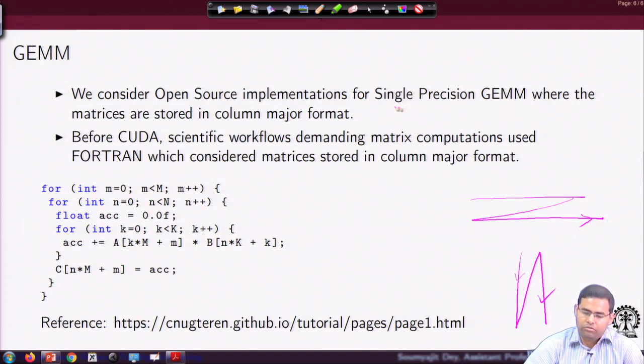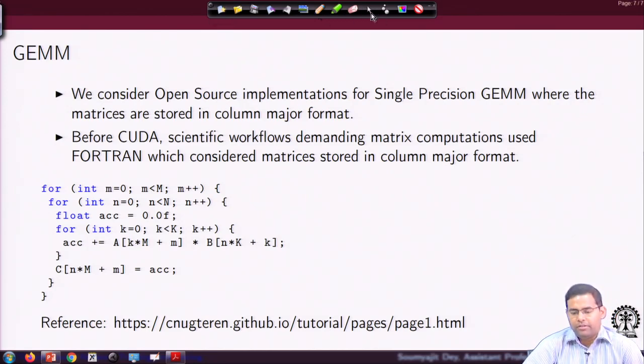Now, when I do a column major traversal, of course, the access expressions for the matrix are going to change. The important thing for us is that this idea of column major format of matrix storage has been carried forward into modern scientific workloads, in popular libraries like CLBlast, which is the OpenCL version of BLAS, and also cuBLAS, which is the CUDA version of BLAS.